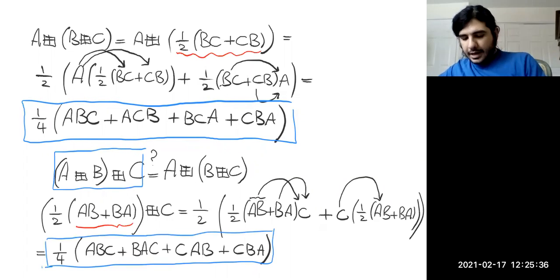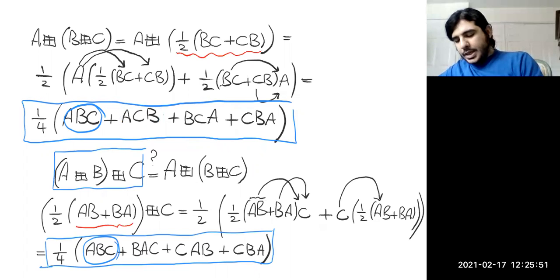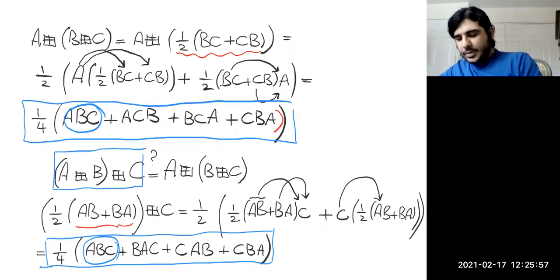Here we have ABC, here we have ABC, here we have ACB. Do we have ACB down there? No. Here we have BCA. Do we have BCA down there? No. Here we have CBA, and we have CBA down here.